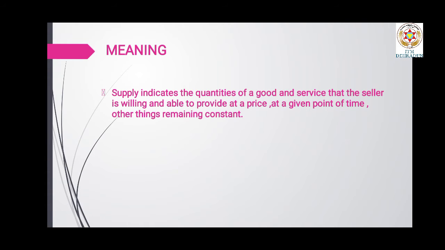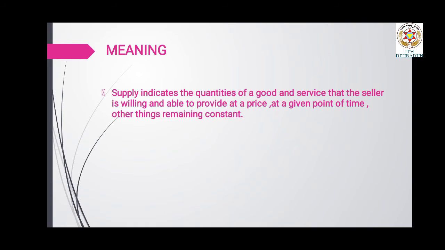Any discussion on demand cannot be complete without understanding supply. Demand and supply are like two sides of a coin. Just like demand indicates the willingness of a purchaser to buy a particular commodity, supply means the willingness of the firm to sell a particular commodity.